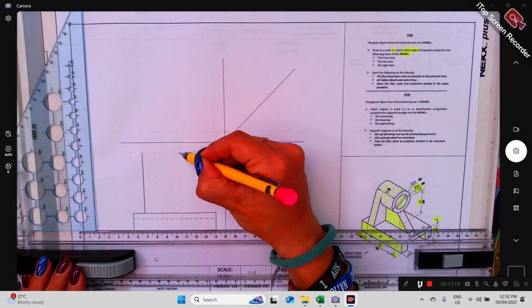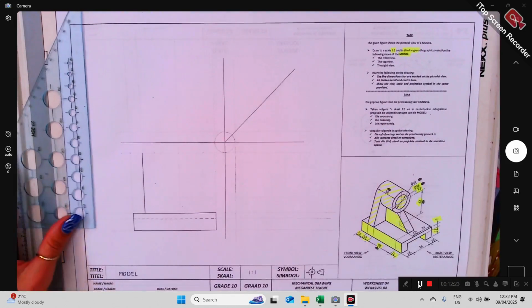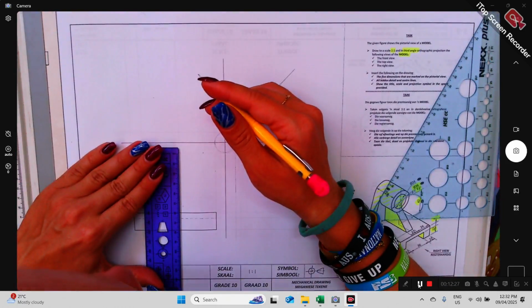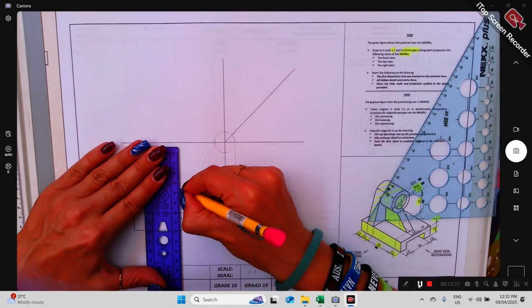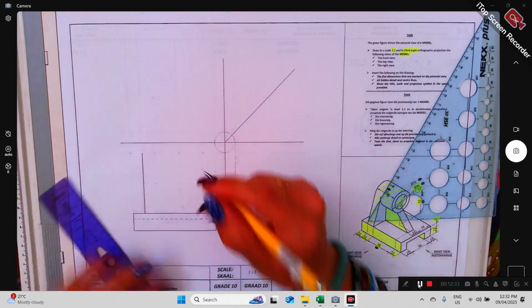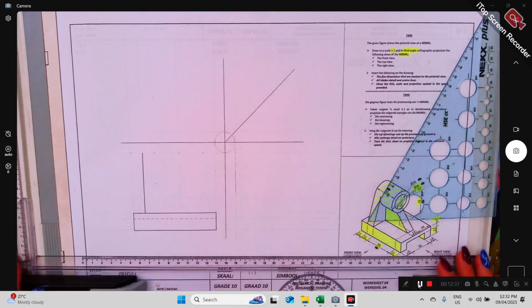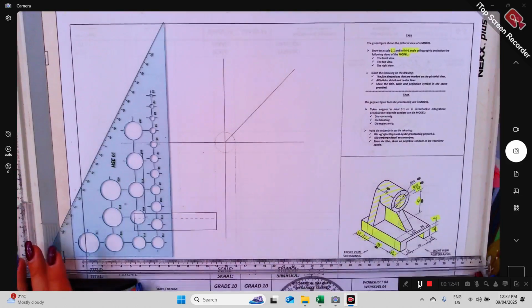From there, I can measure my 36 millimeters to get the width or diameter of my cylinder. I mark my 36 millimeters. I can draw the edge of that in as an A line.